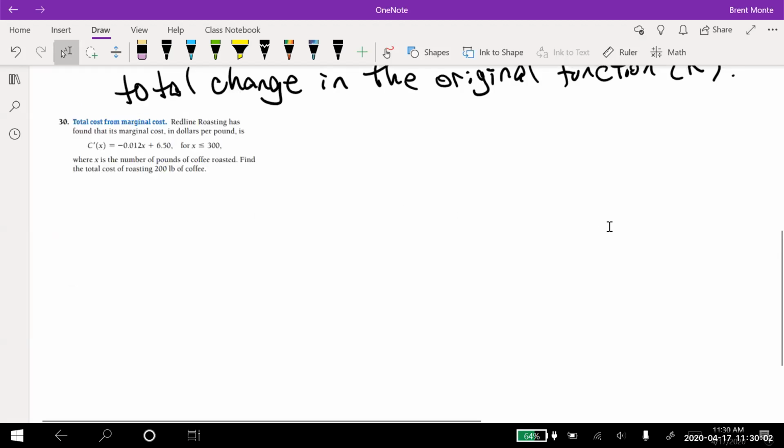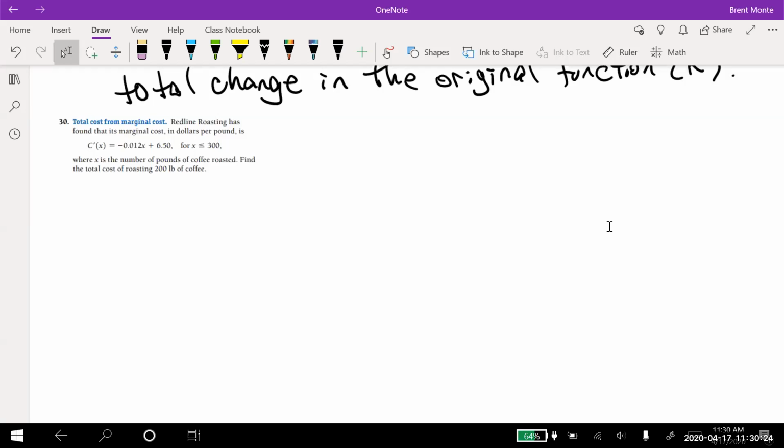Okay. So let's go ahead and read that, figure out what's going on. So if we think about it, it says total cost from marginal cost. Redline Roasting has found that the marginal cost in dollars per pound is C prime of X, and then they give it to us: negative 0.012X plus 650 if X is less than or equal to 300.